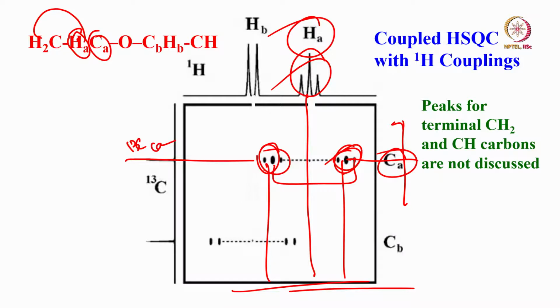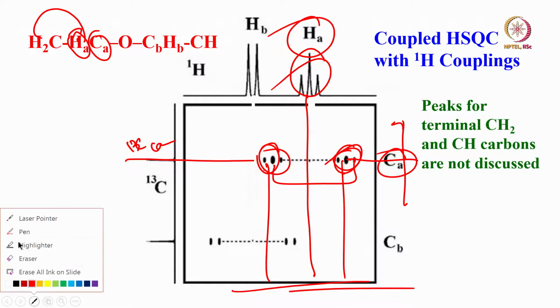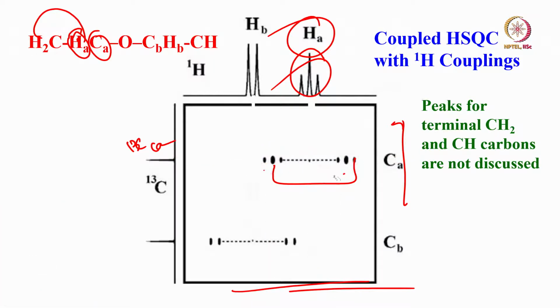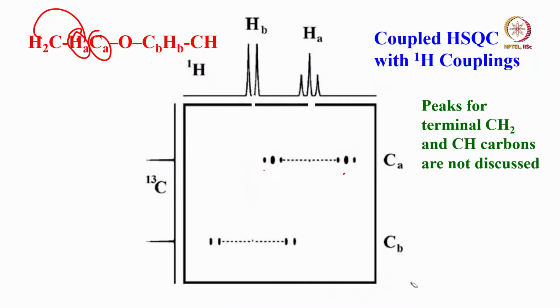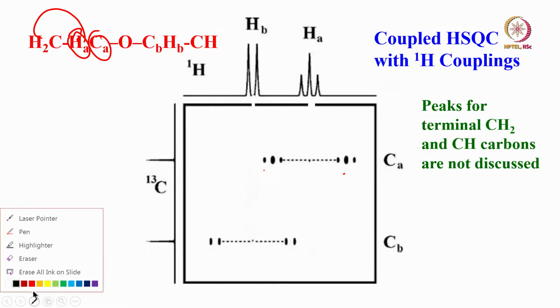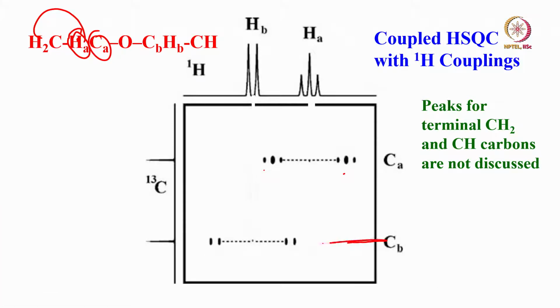You understand? Now we go back to this carbon B. Carbon B is very easy to understand, very simple. If you look at this carbon B, now this is the F1 axis, you have only one chemical shift for this. Go along this axis, you will get the carbon 13 chemical shift.